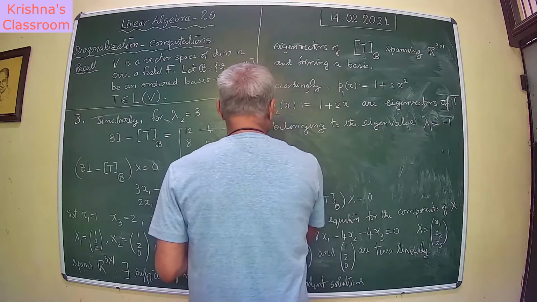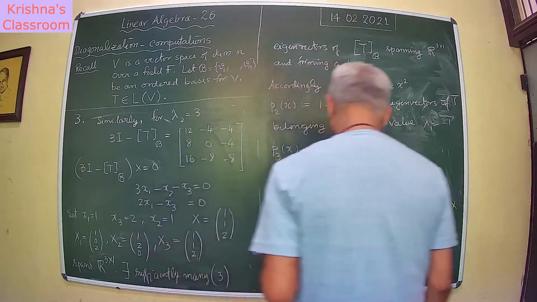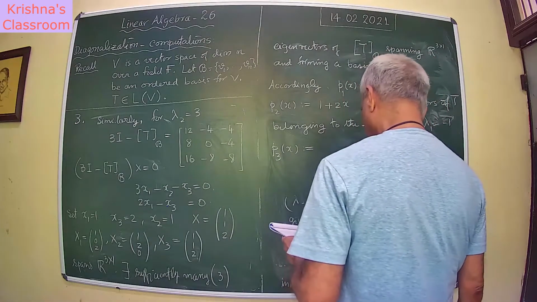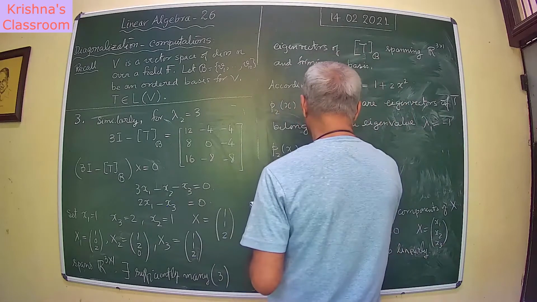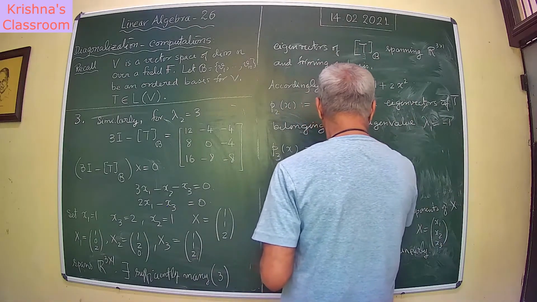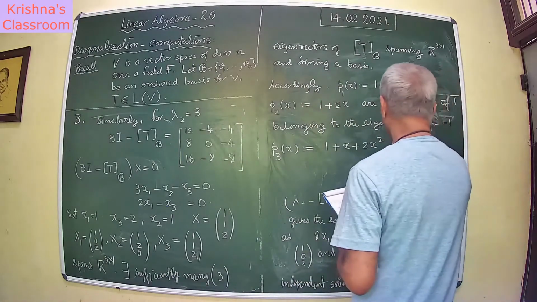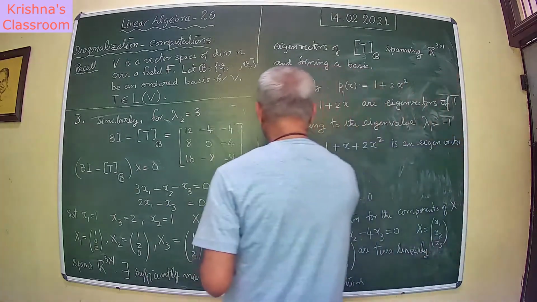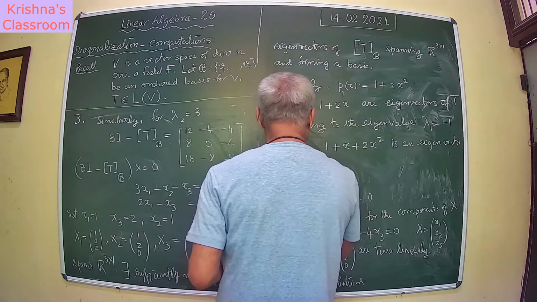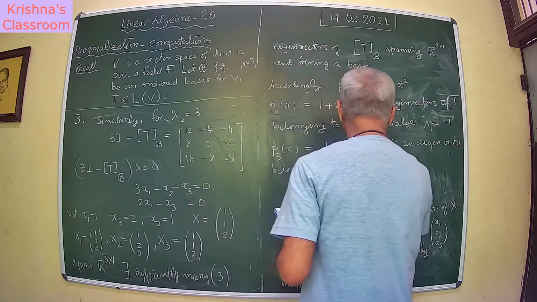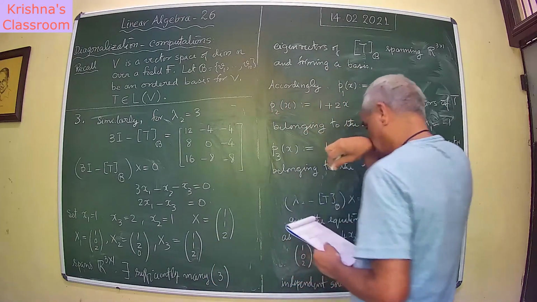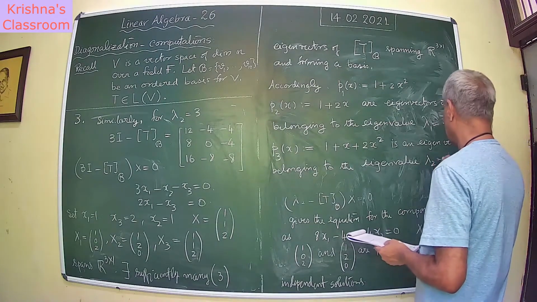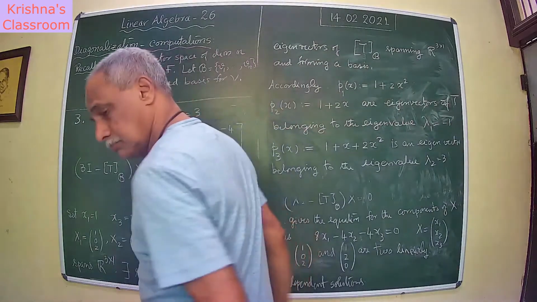And P3(x), defined by 1, 3, 2, is an eigenvector belonging to the eigenvalue 3.